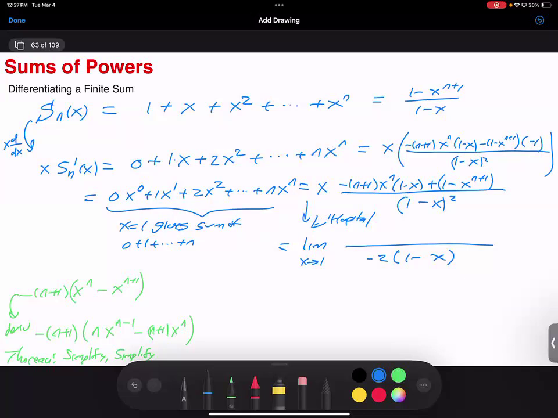So now when we plug that in, the derivative is going to be a -(n+1), then we'll have an n x^(n-1) minus (n+1) x^n. And then the next term is going to be a minus (n+1) x^n. What's the denominator? Still 0. What's the numerator?